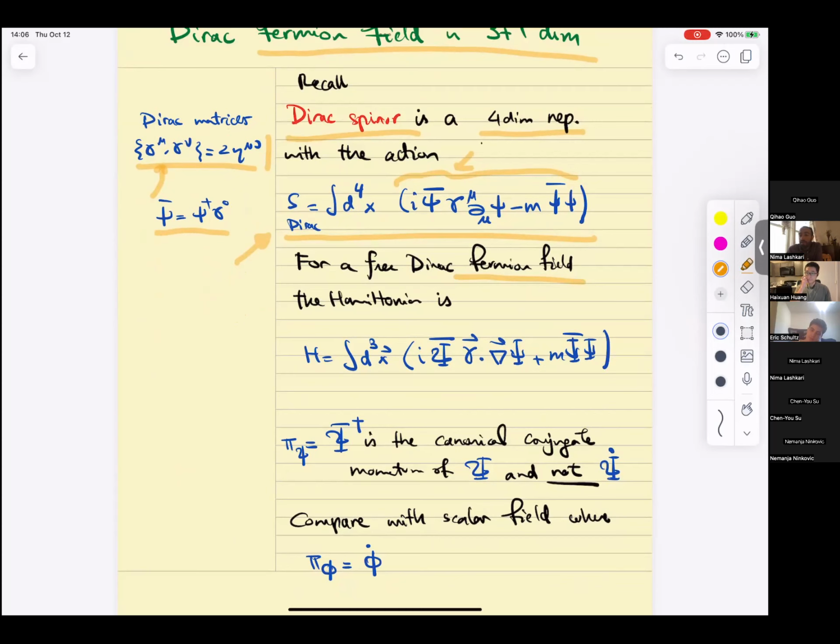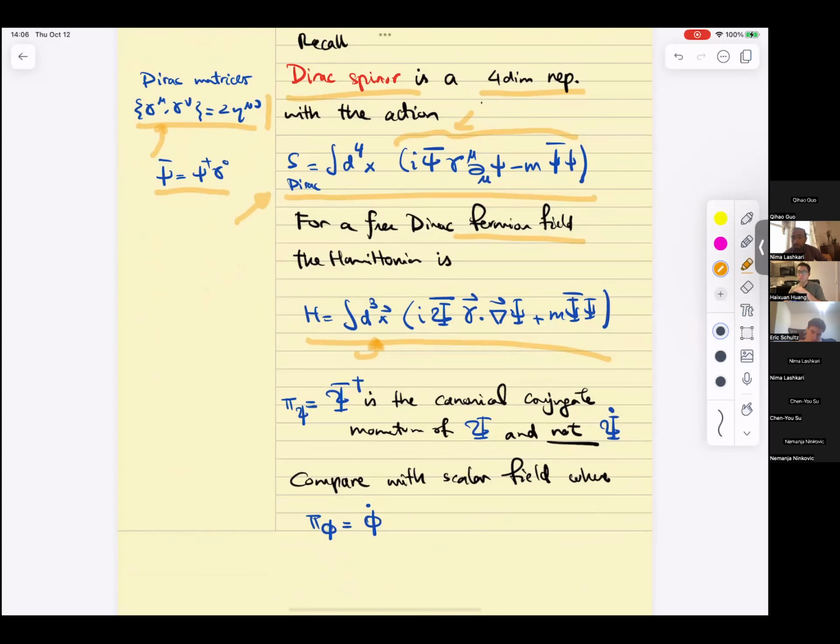The Hamiltonian, if you want to find it, you have to do the standard prescription, and you end up with the following expression, an integral over space. To go from Lagrangian actions to Hamiltonians, you have to pick a particular time slicing, right? Your Hamiltonian is actually the charge associated with time translations, if you recall from Noether's theorem.